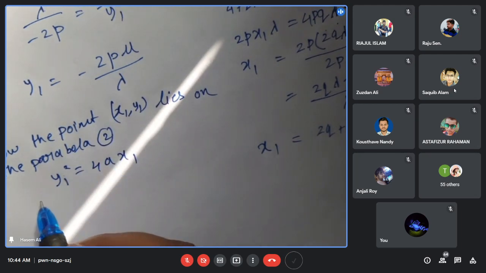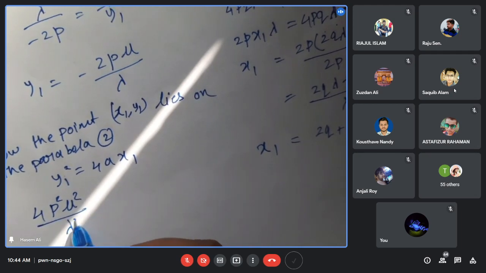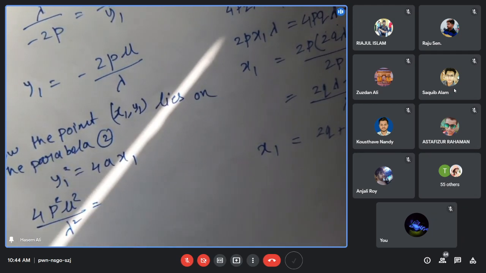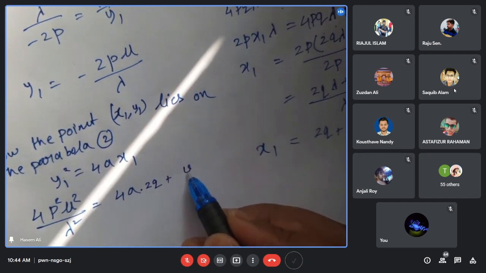So it will be 4 p square mu square lambda square by lambda square equals to 4a into x1, which is 4a into 2q plus v by lambda.